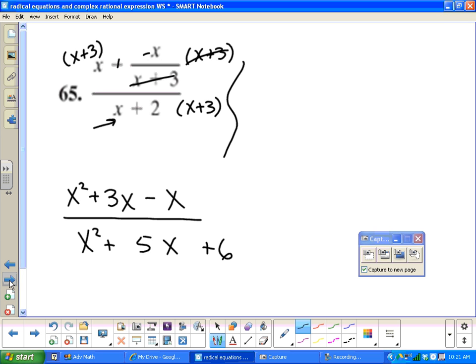Question: why don't we multiply x plus 3 by the x and x plus 3 by the 2? Because we are multiplying everything by the common denominator.